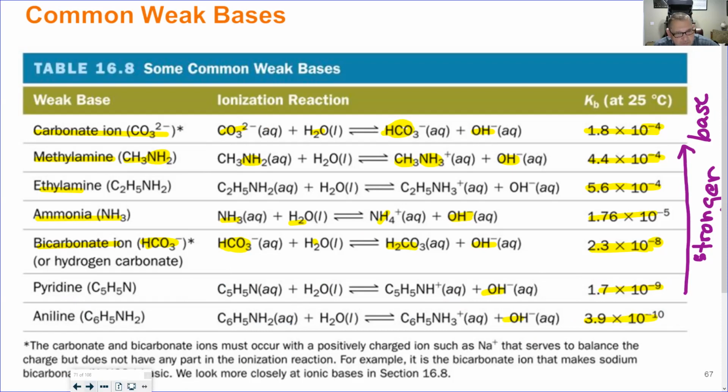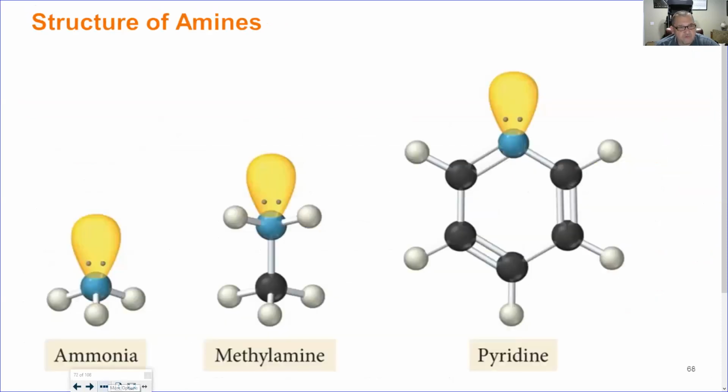Okay, so this slide just gives an idea of what these things have in common. And we talked about this with the Bronsted-Lowry. So we said things that were bases had lone pairs of electrons, and those were the acceptor of the proton that was donated from the Bronsted-Lowry acid.